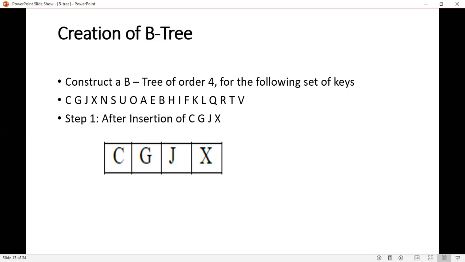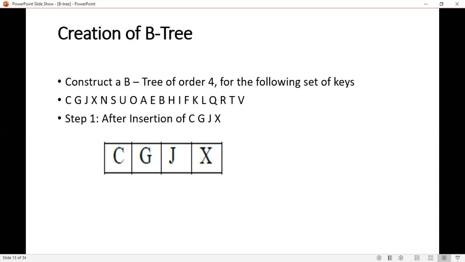Okay, now what is the condition when you split the node? The condition is that each node should have a minimum of 50% of the order. The order is 4, so 50% of 4 is 2. So each node should have at least 2 keys.